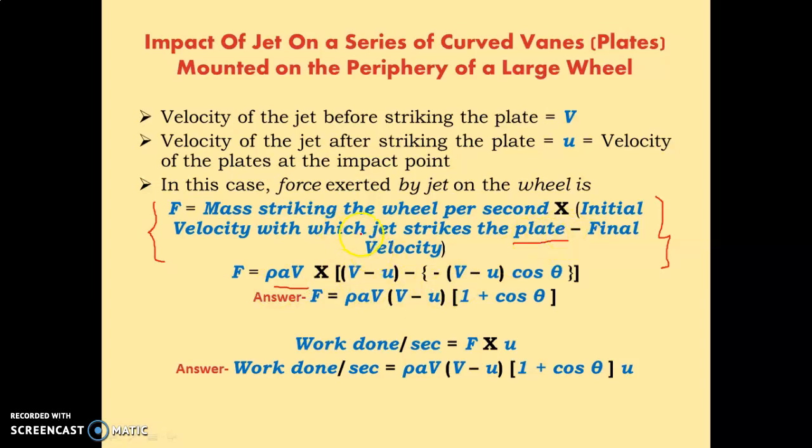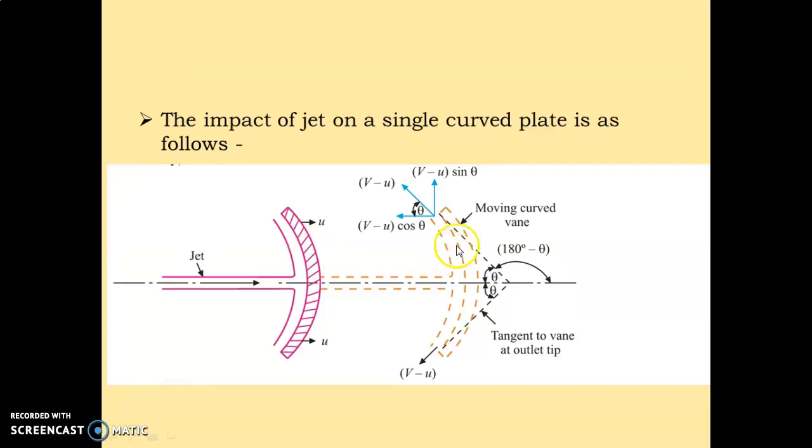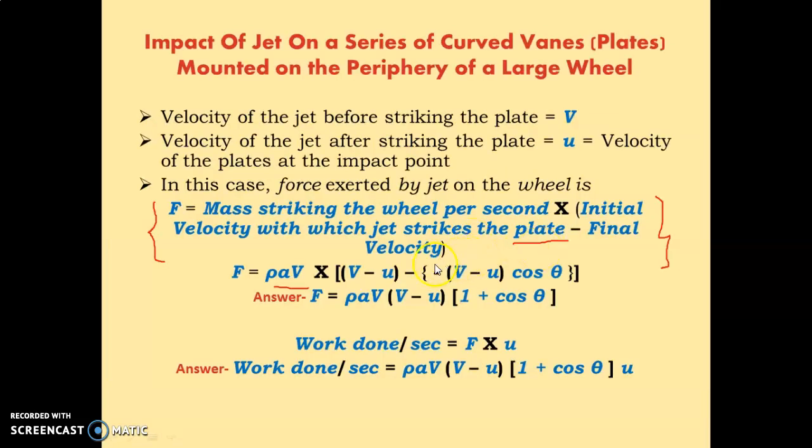Initial velocity with which jet strikes the plate is v minus u. And final velocity is minus v minus u cos theta.